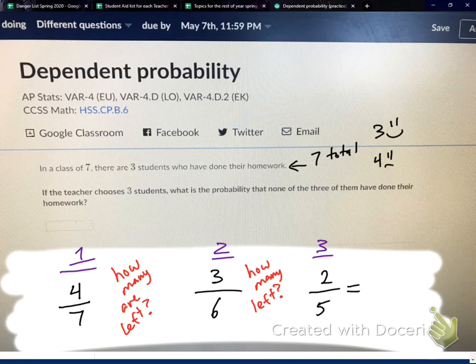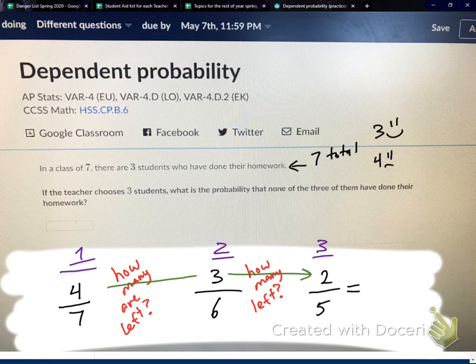First, a 4 out of 7, and then when that student was picked, now I only have 3 left out of 6, and when that student was picked, I only had 2 left out of 5. And again, for my answers here, for all of these things happening, the first and the second and the third not having done their homework does mean I'm multiplying, and again, I am multiplying straight across here.